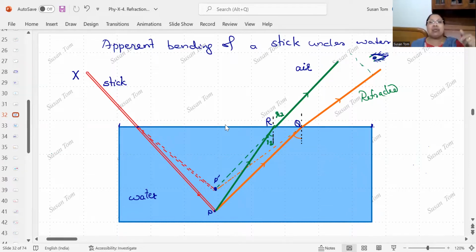So where it will be seen, we just identified. Suppose an extended object we are considering, from all its parts numerous rays are coming out. They all undergo refraction. Corresponding to the ray reaching the person at a particular angle, when produced backwards, we assume that part of the object is there.